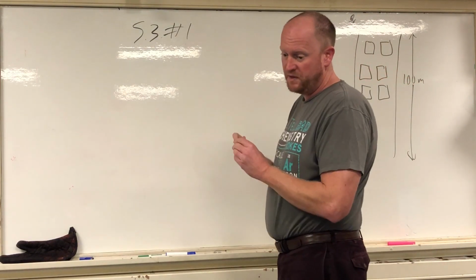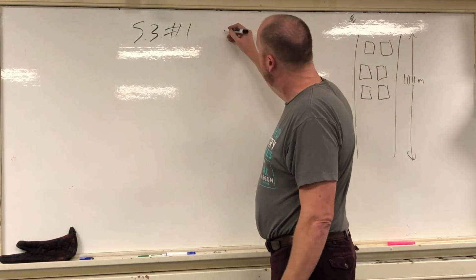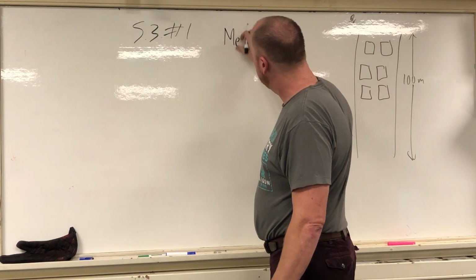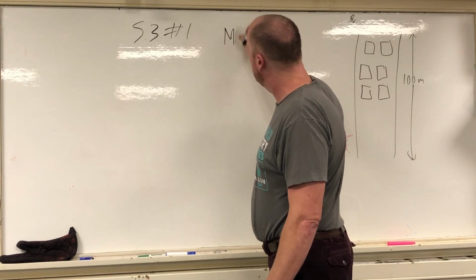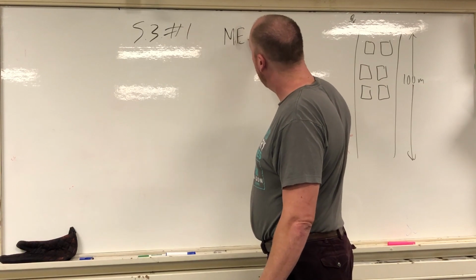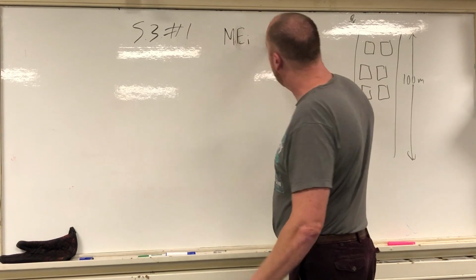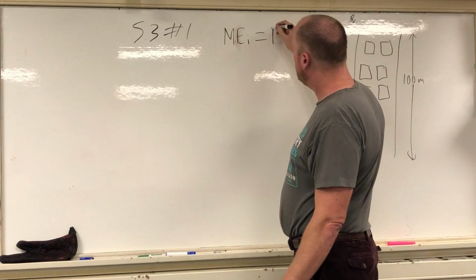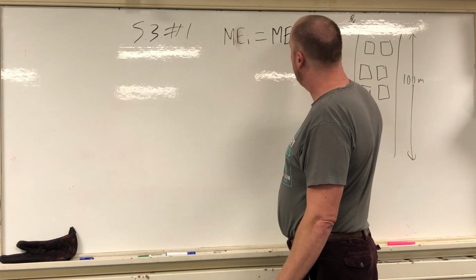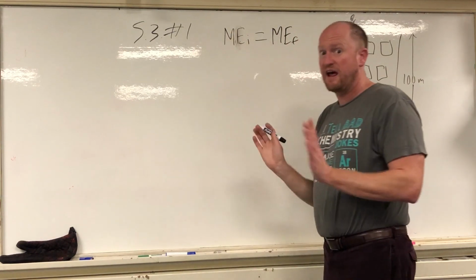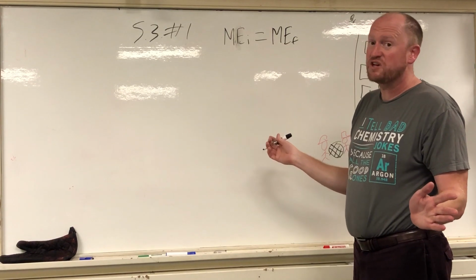Now, what we know is that the mechanical energy at the beginning, the initial mechanical energy, should be equal to the mechanical energy at the end. Now, this does not always happen.